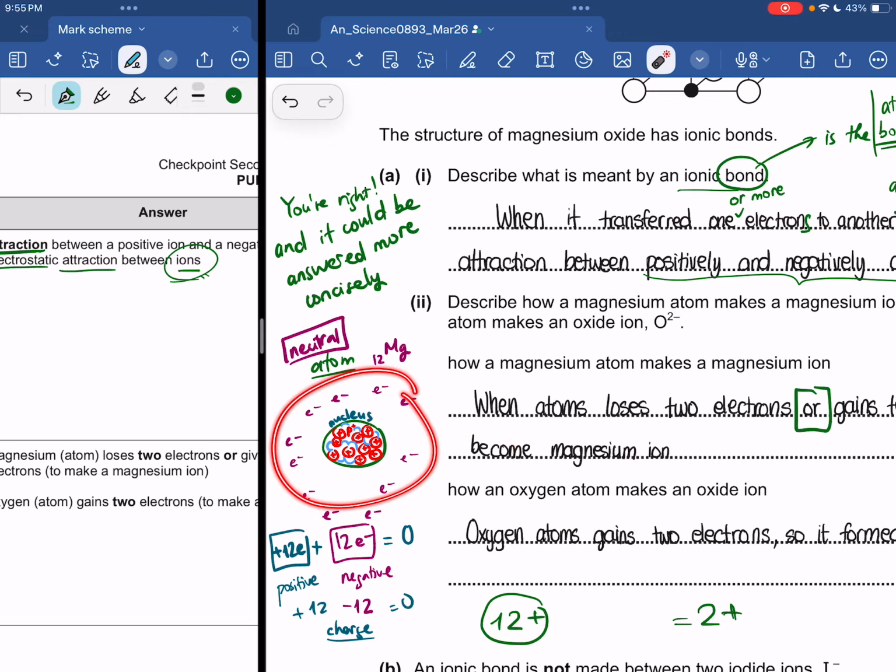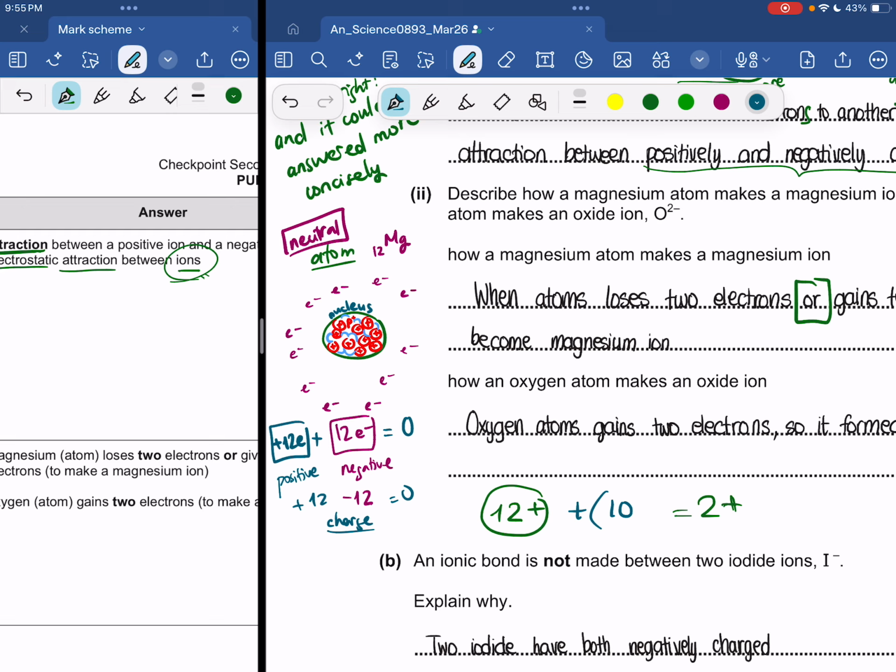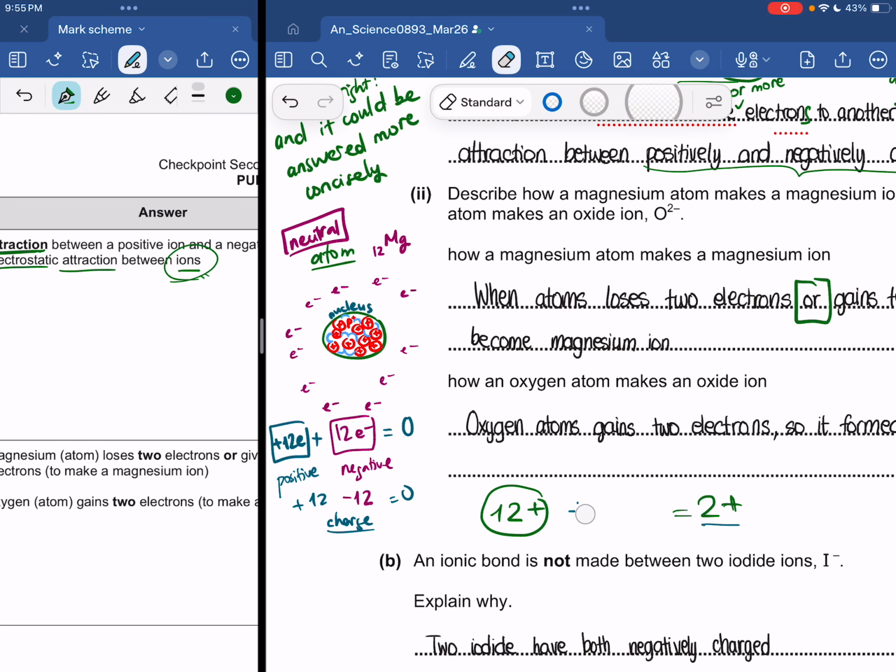Okay, so now in order to get the 2 plus here, you should have 12 plus combined with another 10 minus, right? So 2 plus and 10 minus should make 2 plus. So it also means that for now you don't have 12 minus anymore.